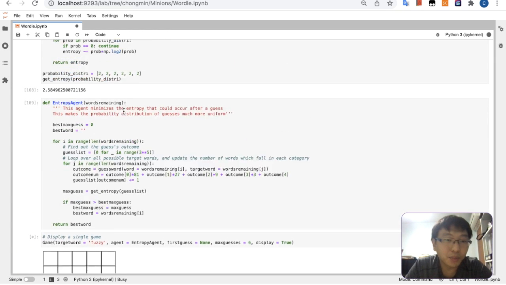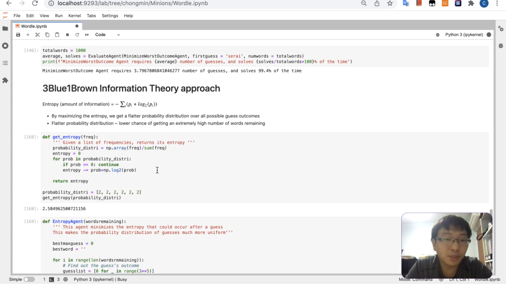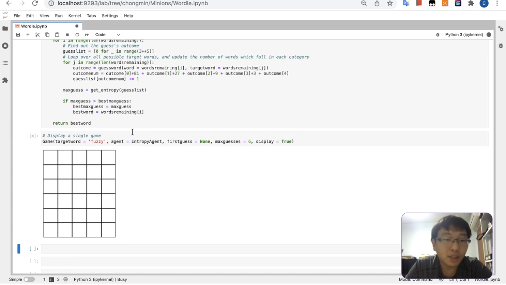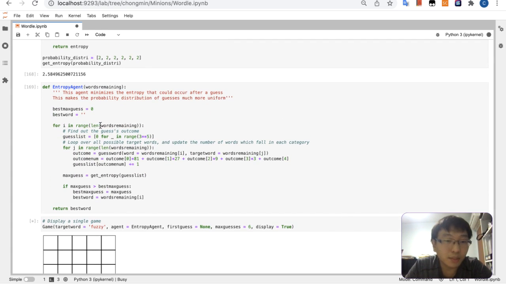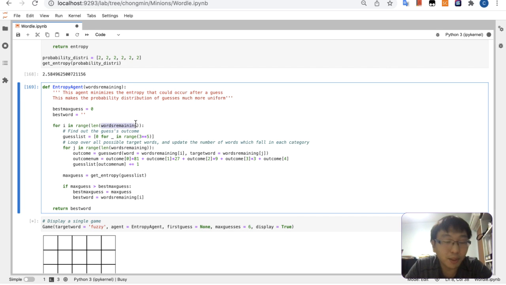So this entropy agent, let's see. Okay, this is played under hard mode, by the way, because we still give it only the words remaining here. If we give it the entire dictionary to guess, perhaps you'll be able to find guesses that actually minimize the space of possibilities, and that could be better actually.